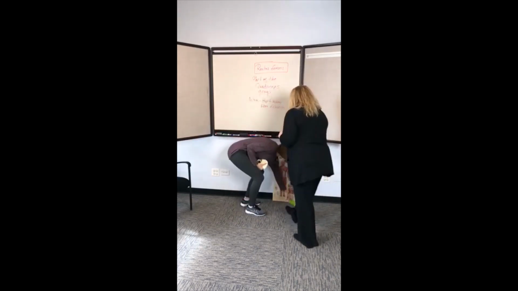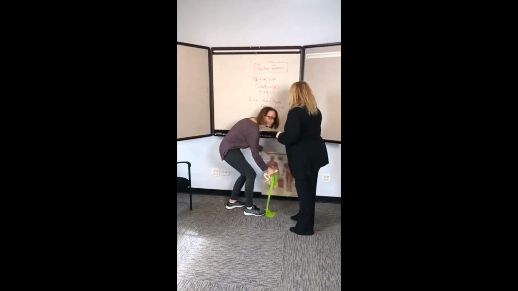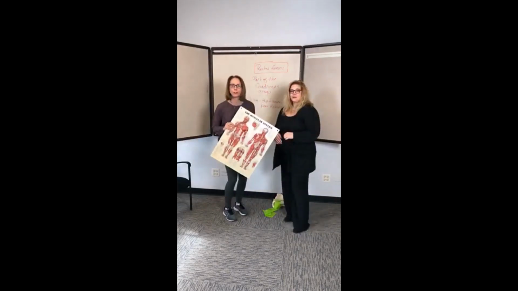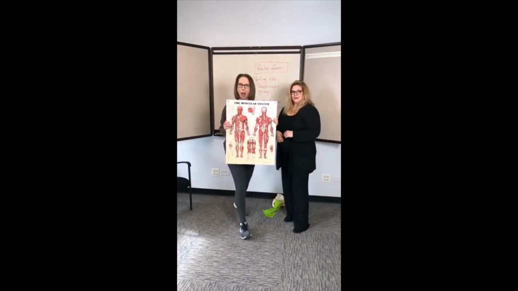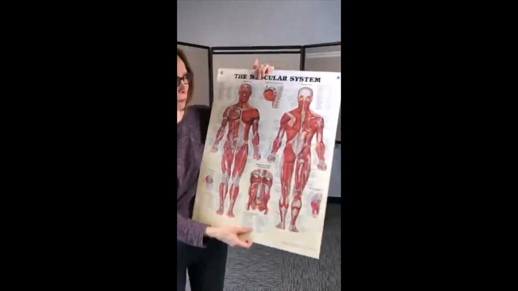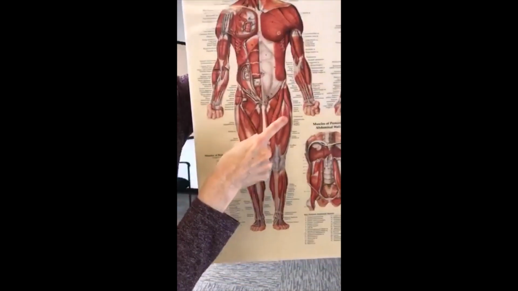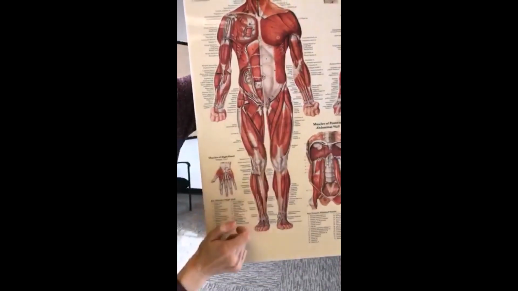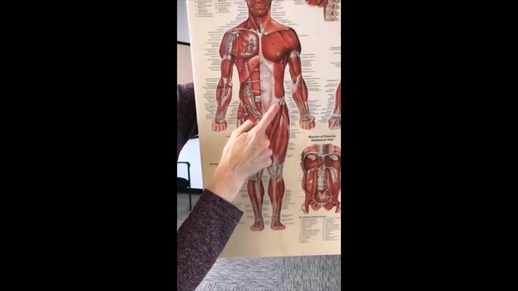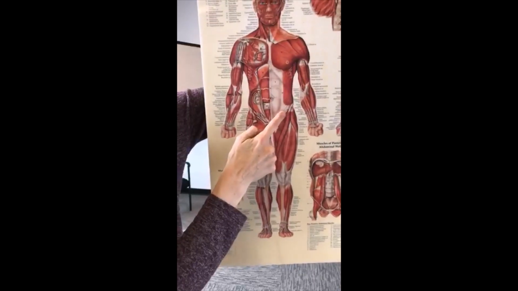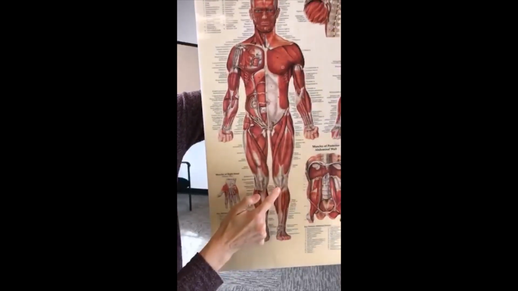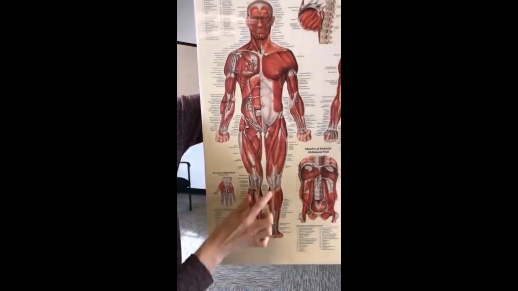So I want to give a quick review, and we're going to do a close-up shot of the rectus femoris. It is this muscle right here that comes down the front of the thigh. It has an origin up here at the anterior inferior iliac spine, and then it comes down here to the tibial tuberosity.